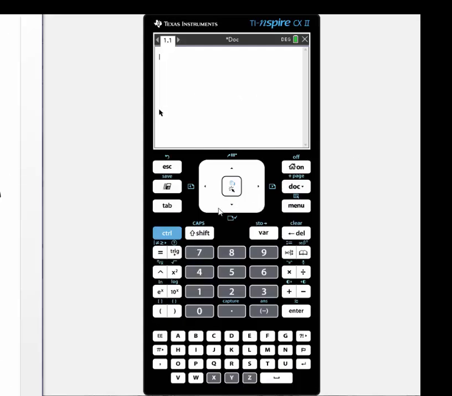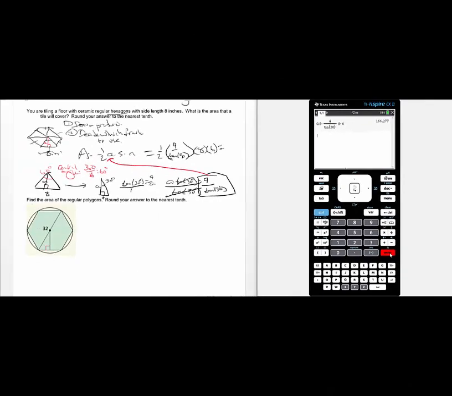According to my calculator, 0.5 times the fraction 4 over tangent of 30, times 8 times 6 is 166.277. I'm rounding my answers to the nearest tenth, so this is 166.3. And the unit is square inches.